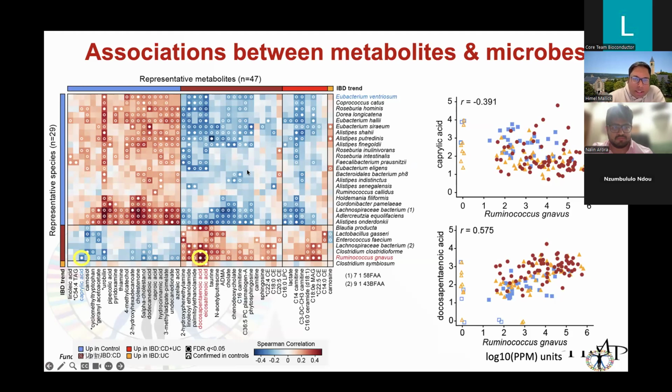And I must mention that there are actually a lot of details that I have not mentioned. For example, this particular figure was generated based on residuals. That means for each of these features, some of the confounders that are going to impact both metabolites and species were subtracted. That includes antibiotics and some other treatments.